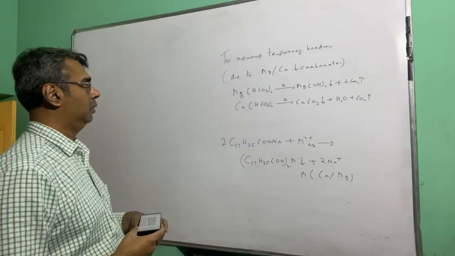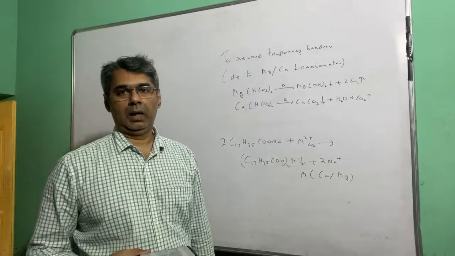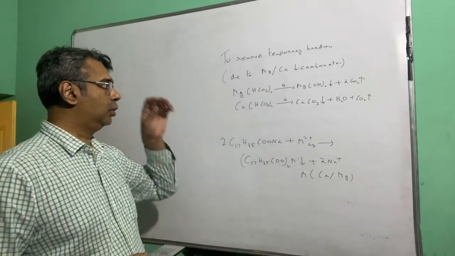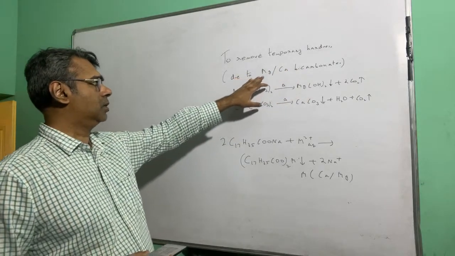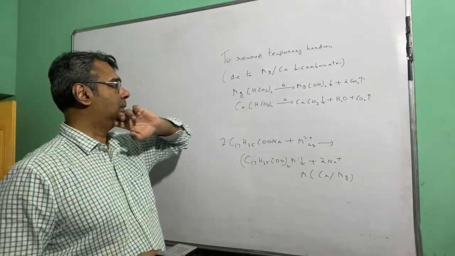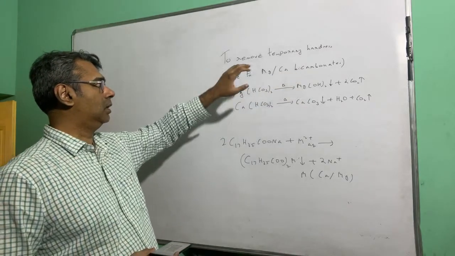Okay, if the hardness of water is due to magnesium or calcium bicarbonates, it is called temporary hardness.